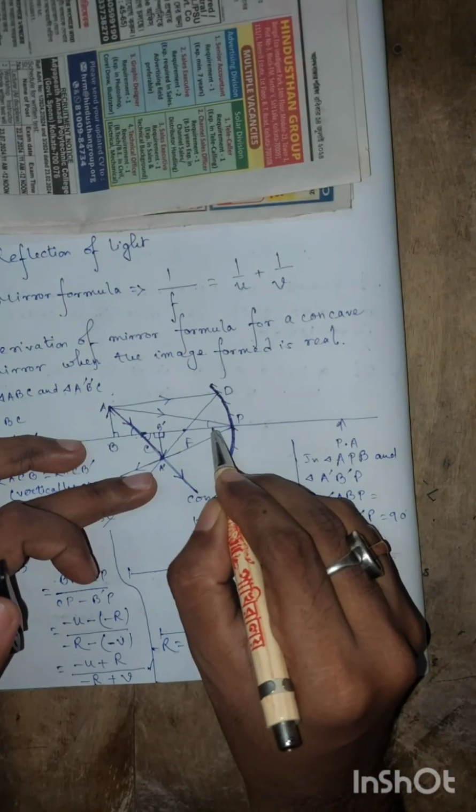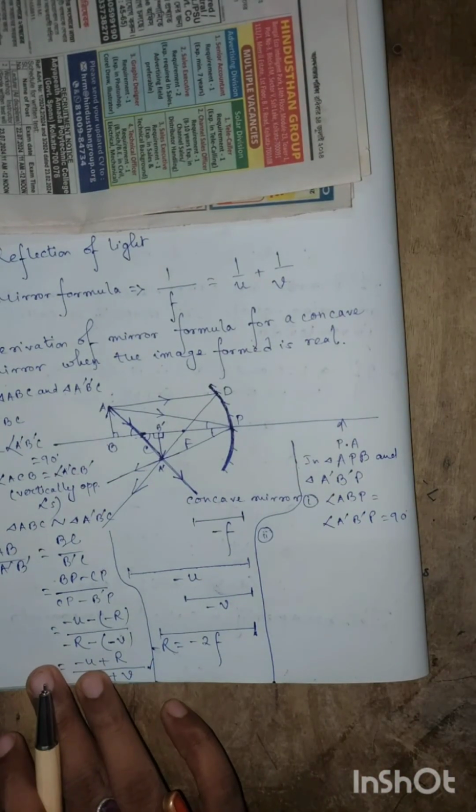this angle is equal to this angle, because we know when a ray of light strikes the pole and gets reflected, then the angle formed between the incident ray and the principal axis is our angle of incidence, and the angle between the reflected ray and the principal axis is our angle of reflection.